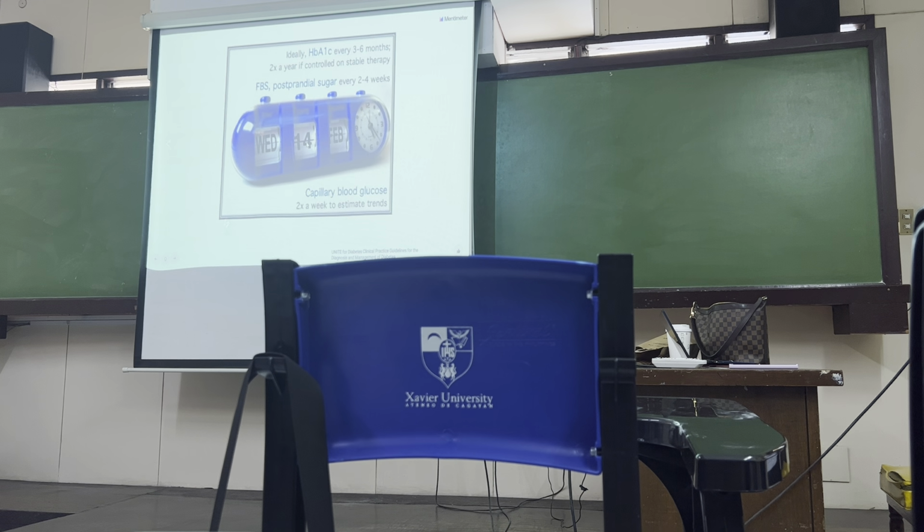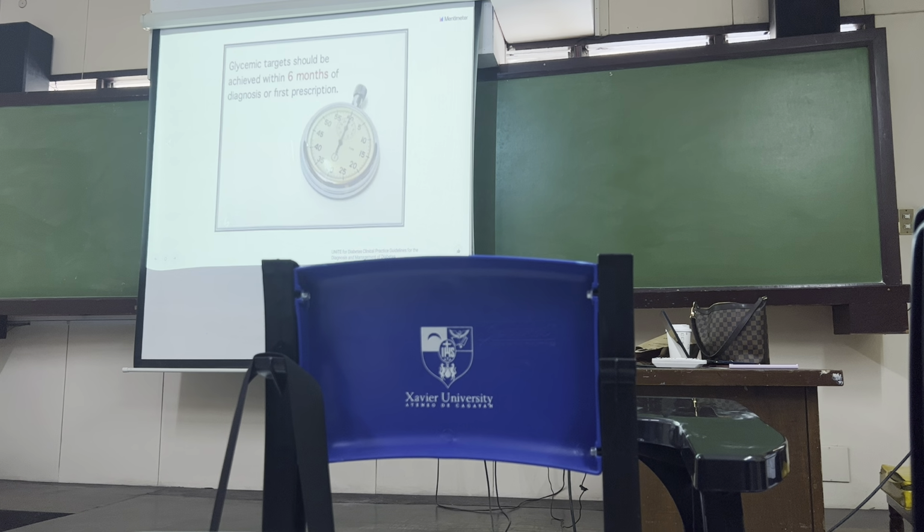FBS and postprandial sugar every 2 to 4 weeks, and CBG if your sugar is controlled at least twice a week to estimate the trends. As much as possible, the glycemic target should be achieved within 6 months of diagnosis or first prescription.